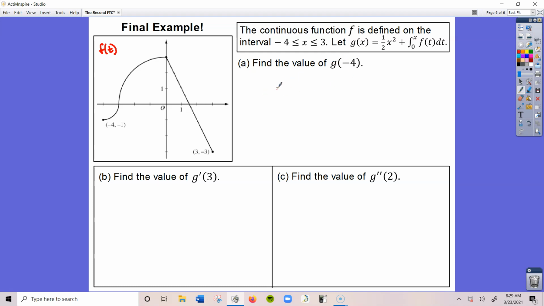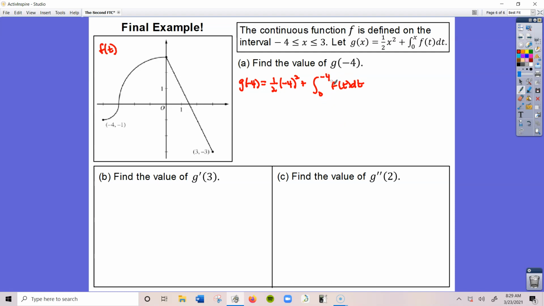Now, we're going to find g of -4. So I need to plug in -4 everywhere I see an x. So 1/2 times -4 squared plus the integral from 0 to -4 of f of t dt.